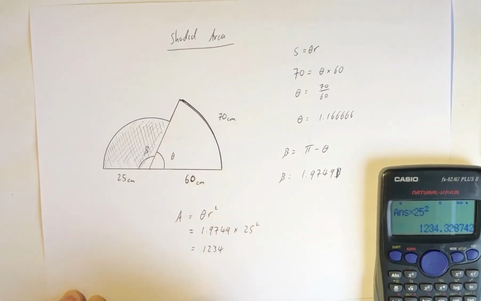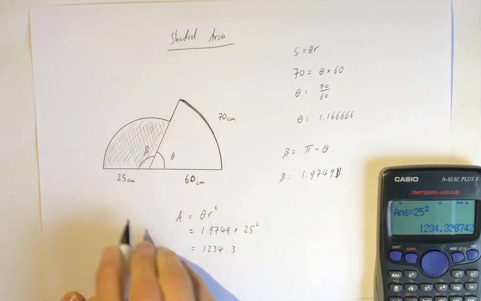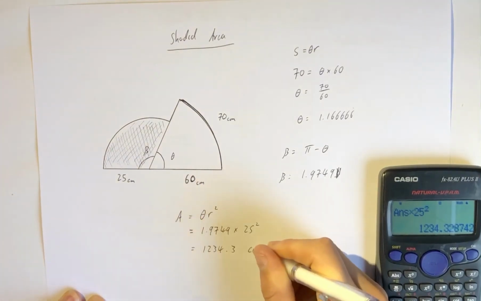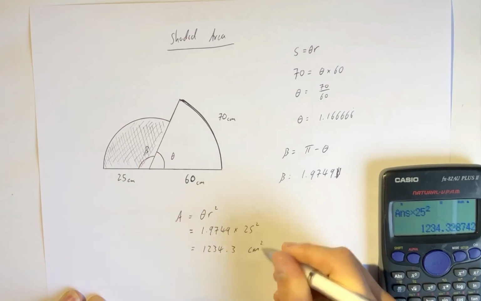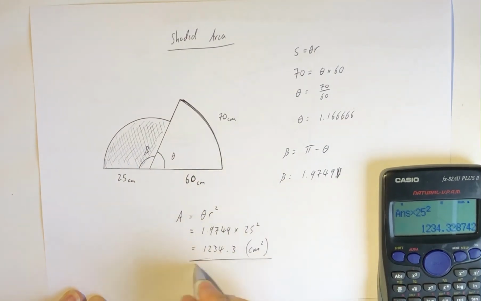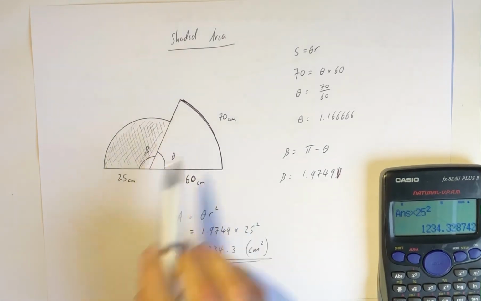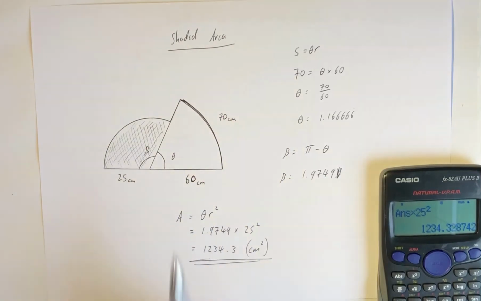1234.3. Units are centimeters, and it's an area, so they are squared. And there you have it. That is the area of that shape there. So a problem that looks pretty tricky at first actually comes out to be quite simple.